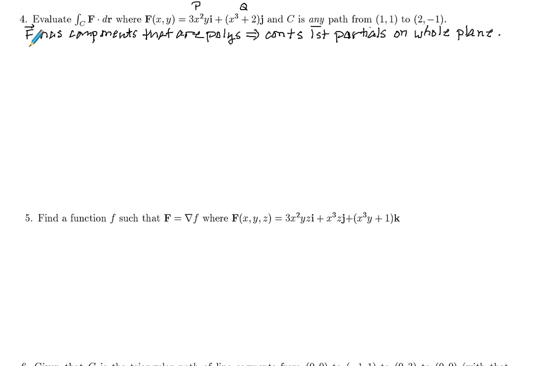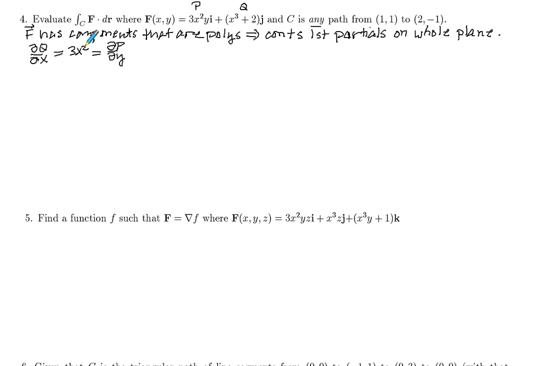And then if we check the partial derivative condition, dQ/dx, so the x derivative of Q is 3x squared. And then dP/dy, the y derivative of this, is also 3x squared. Okay, so that equals dP/dy.